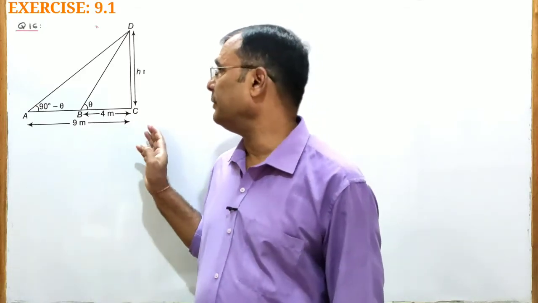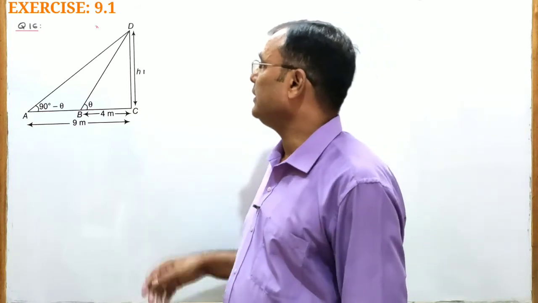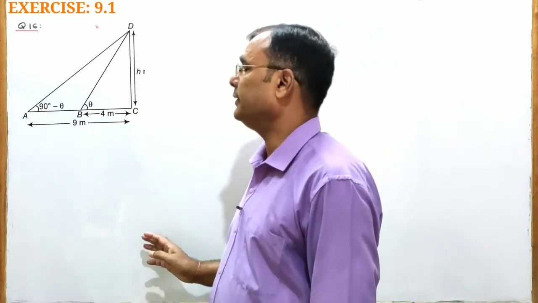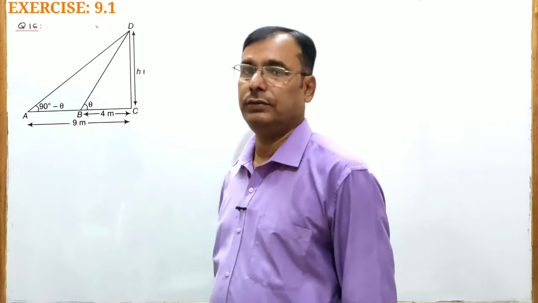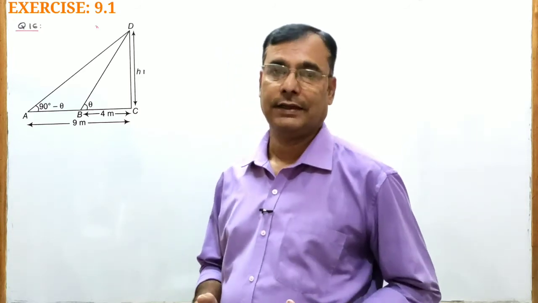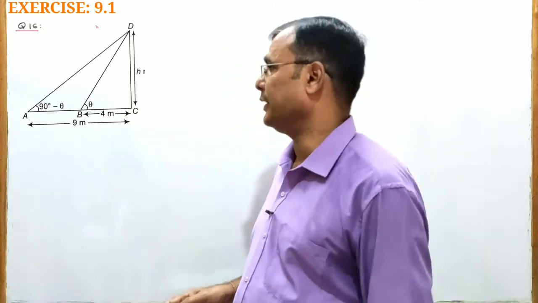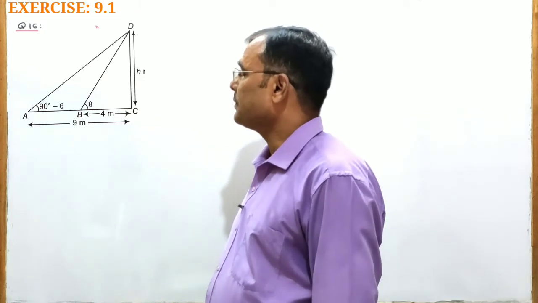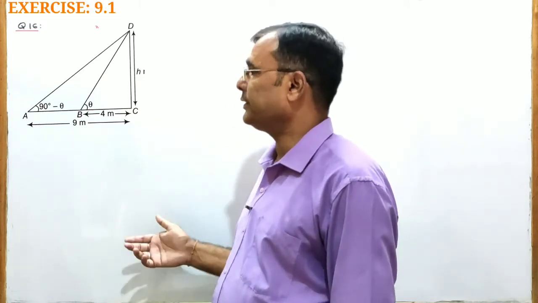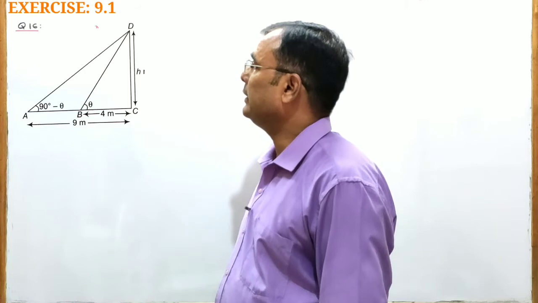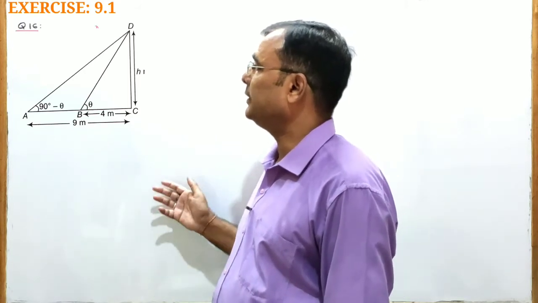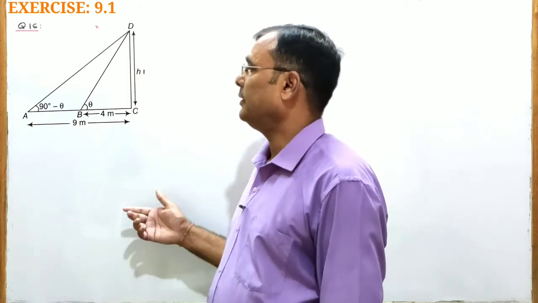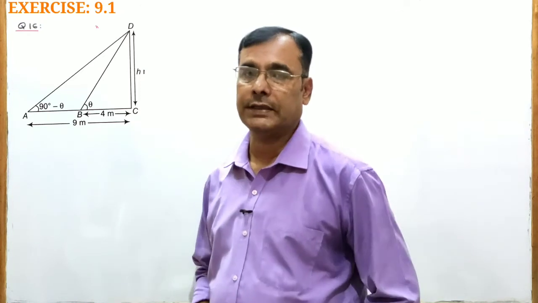In this given figure, CD represents the height of the tower that we are going to take, let's say h meter. A and B are two positions from where the angles of elevation of the top of the tower are found to be complementary angles.